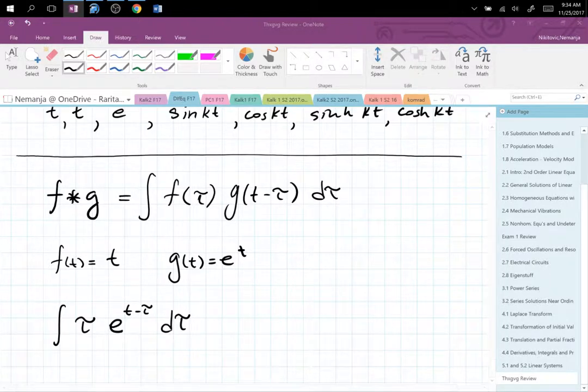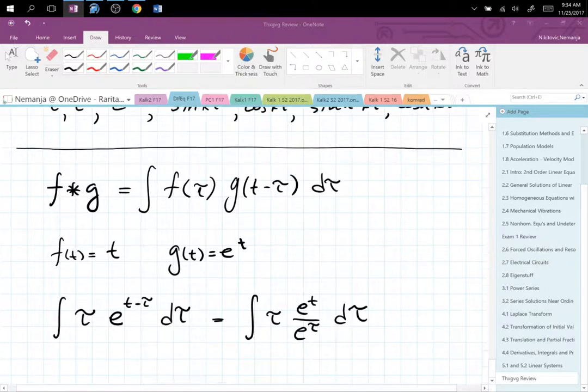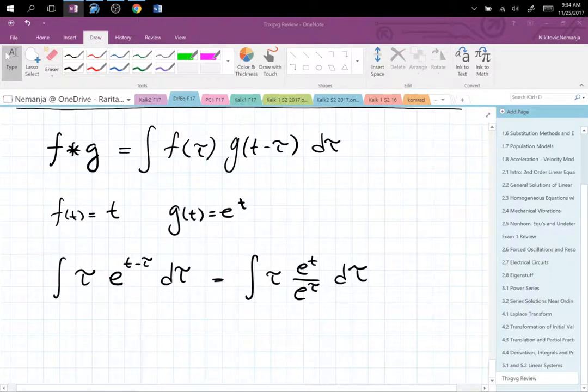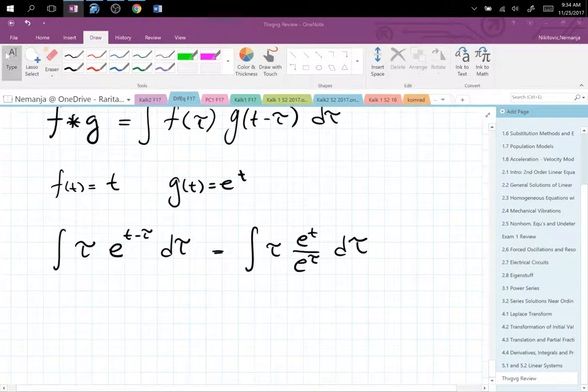Now if you know your algebra, you know that this is the same as tau times e to the t over e to the tau, d tau. We see that this e to the t is in terms of variable t, and we can kick that in front of the integral because the integral is in terms of tau.